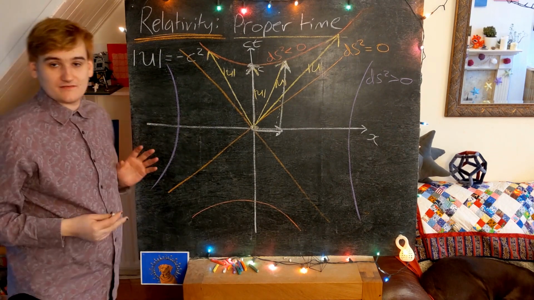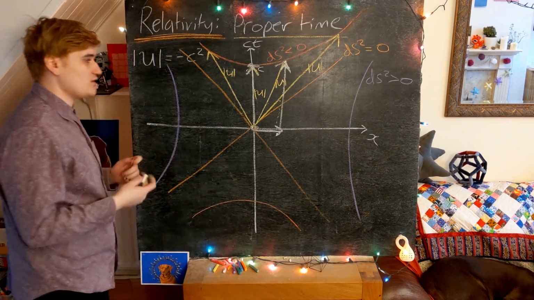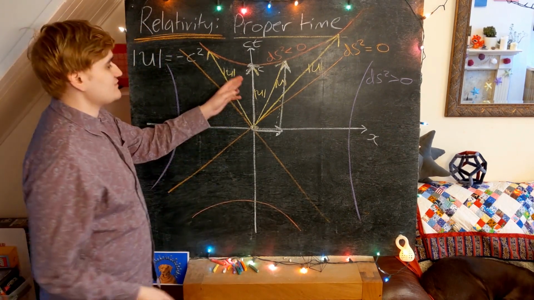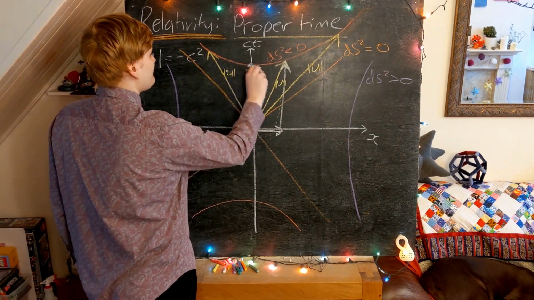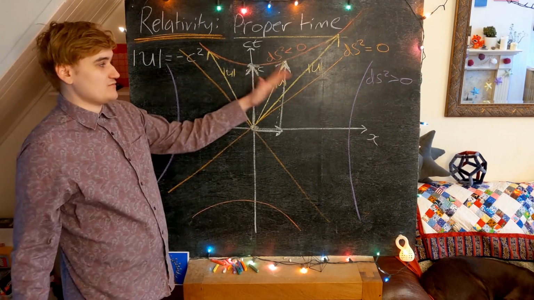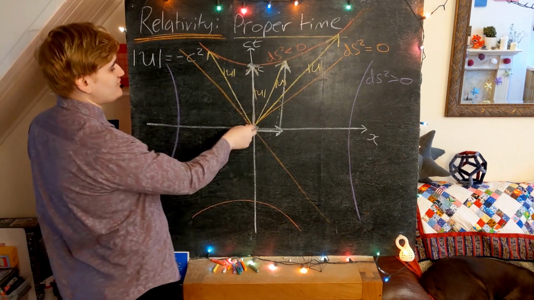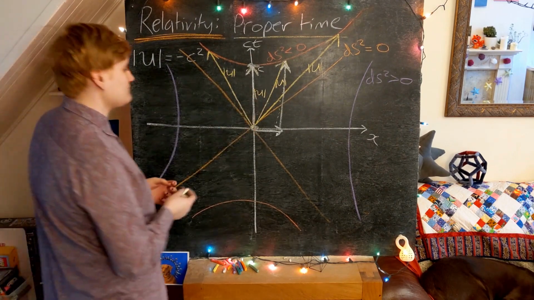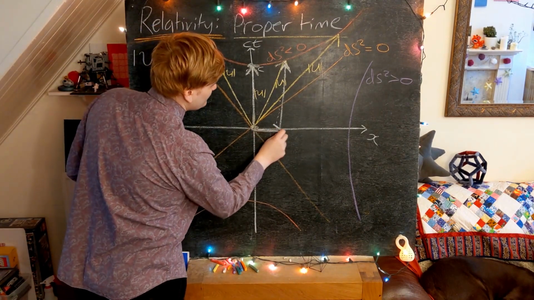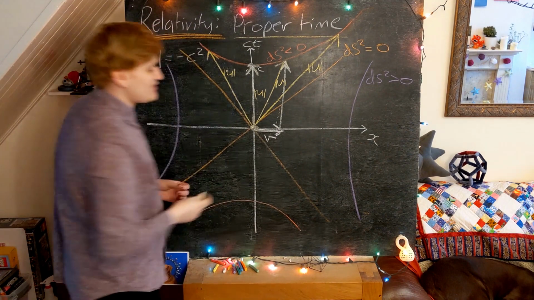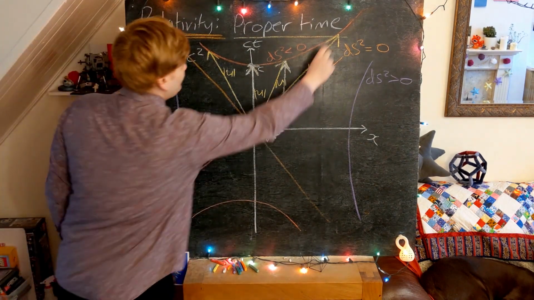So now how should we interpret this? Well, a really nice way to interpret this is that this is our stationary observer, and then any vector that points away from the vertical is going to represent a moving observer, an observer that is moving with a coordinate velocity specified by its x component.